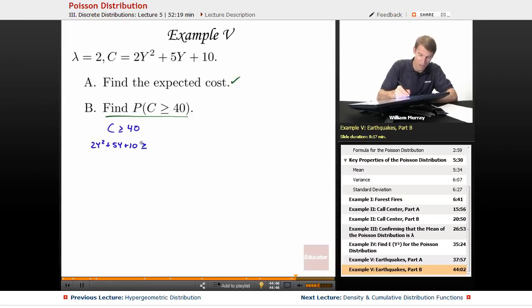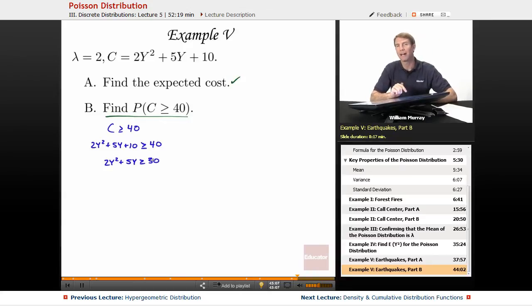And I want to see if that's greater than or equal to 40. I want to try to simplify this as much as I can, but it's not going to simplify terribly well. I'm going to subtract 10 from both sides. 2y squared plus 5y, whoops, I forgot my 5 there, 5y is greater than or equal to 30.